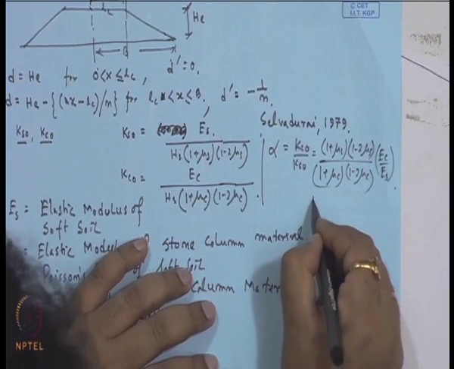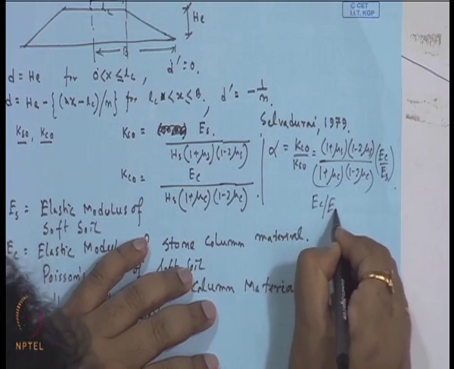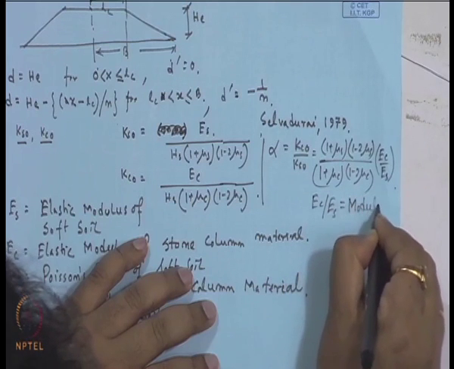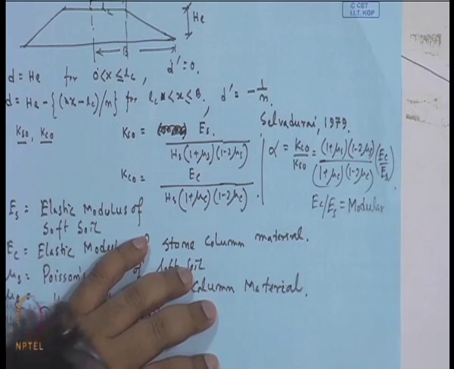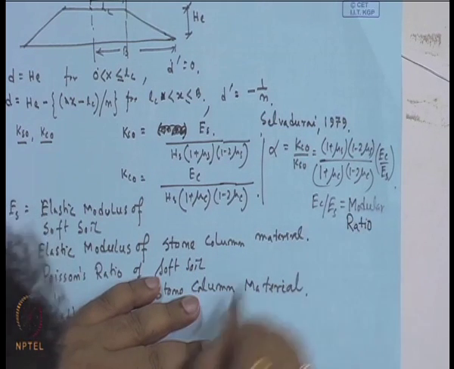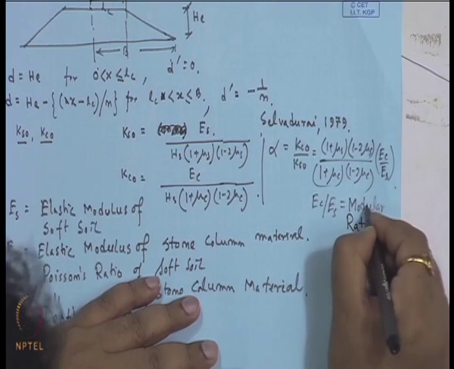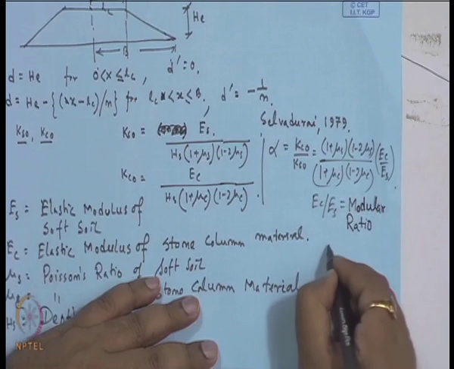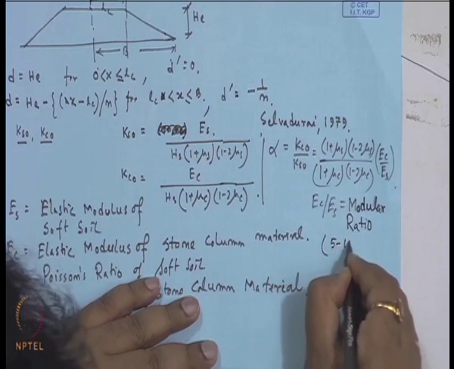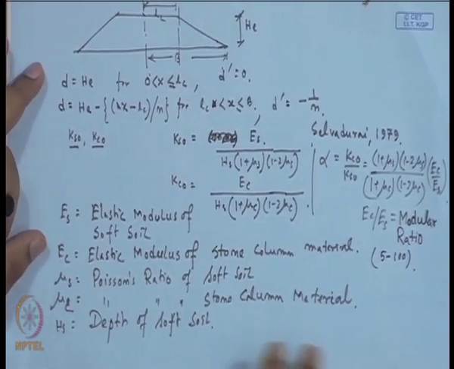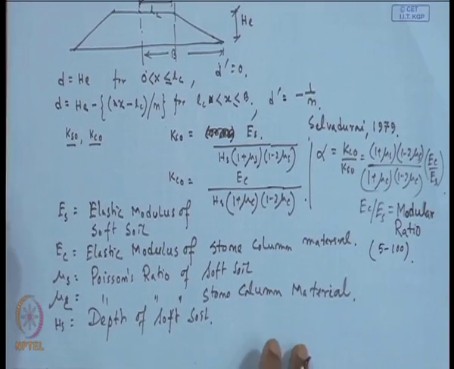This E c by E s is called the modular ratio. Generally, this ranges from 5 to 100.